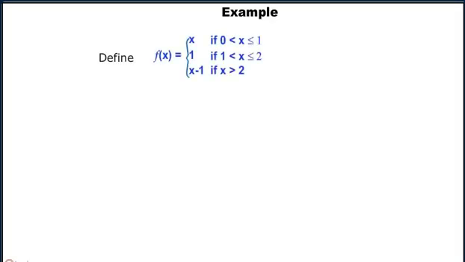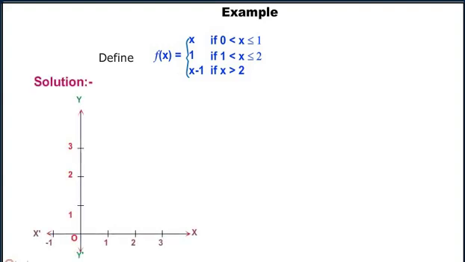Let's take an example. Suppose f(x) is defined as x for x greater than 0 and less than or equal to 1, 1 for x greater than 1 and less than or equal to 2, and x minus 1 for x greater than 2.